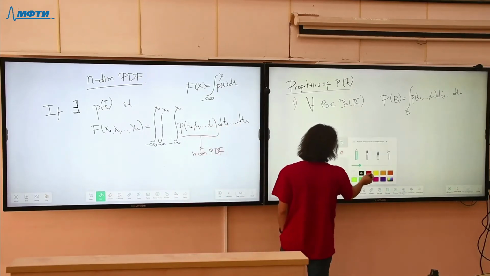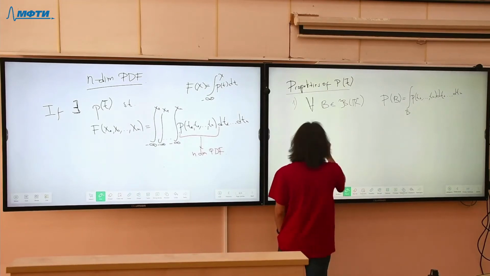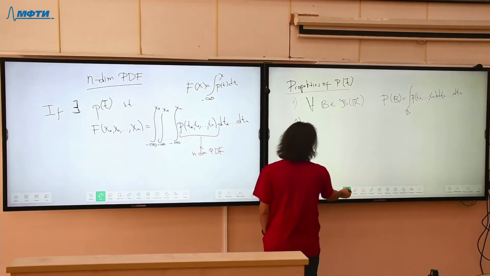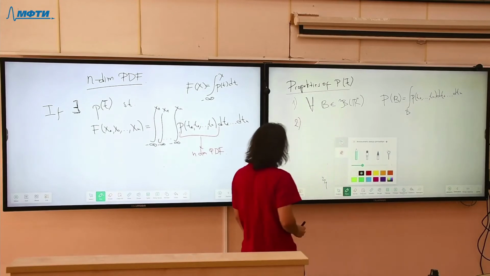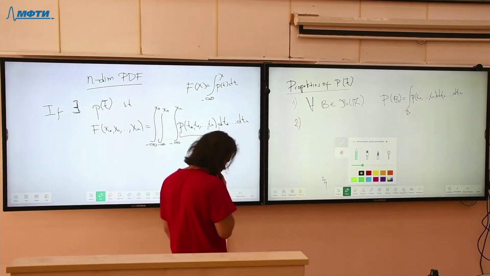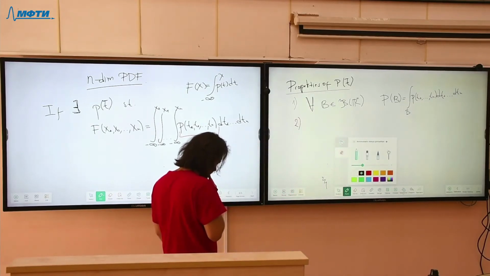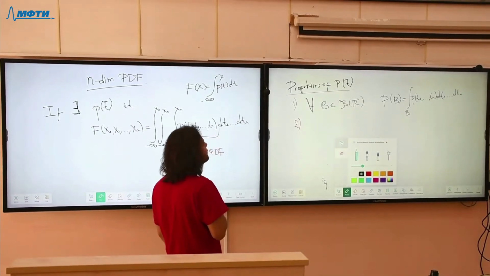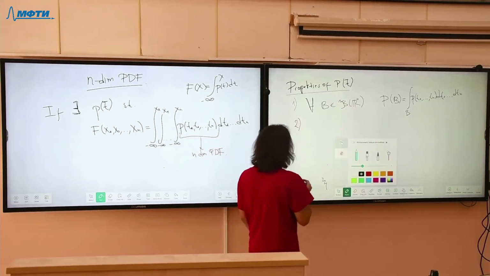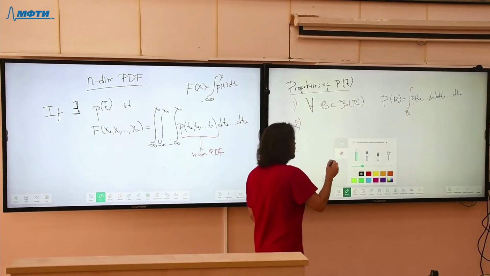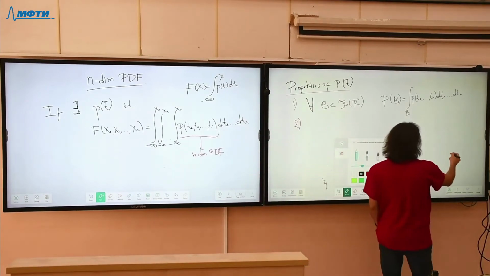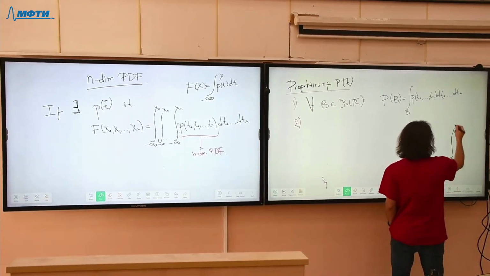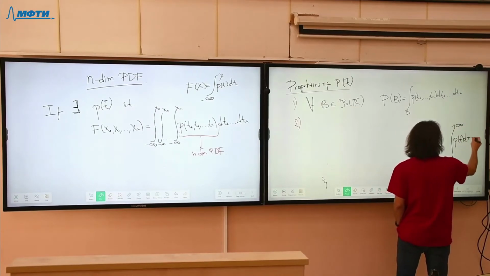Then we have the second property. We said before that the integral from minus infinity to plus infinity of the density is 1.